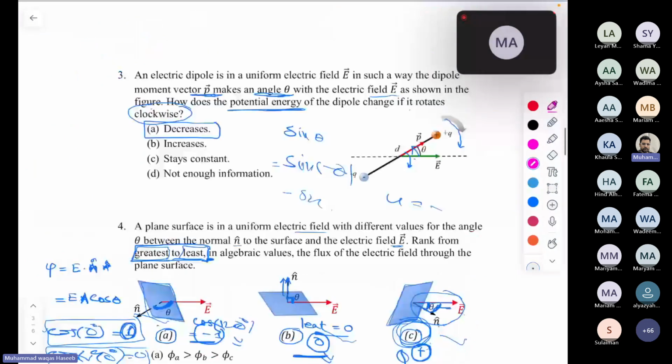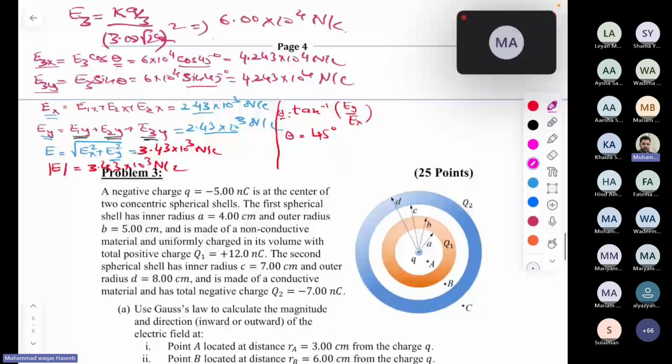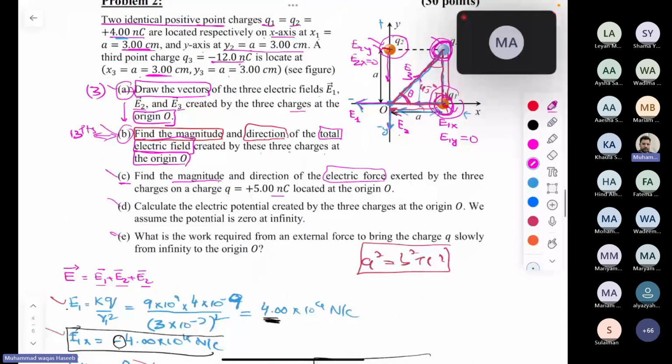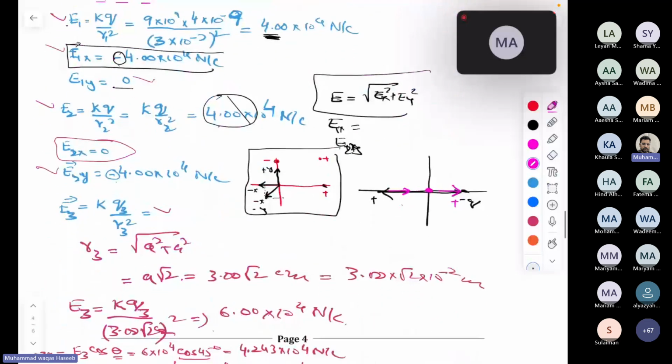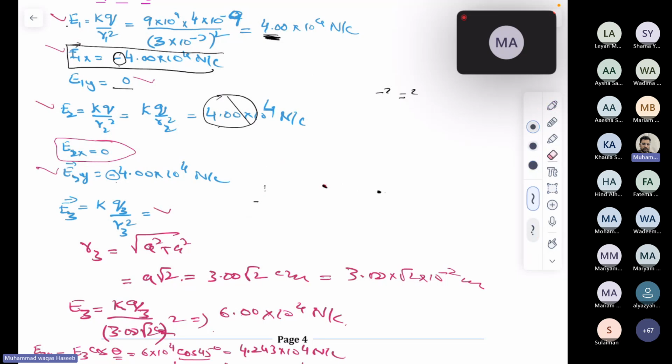We have the total electric field, which is this, and the charge is given. So we have the formula.